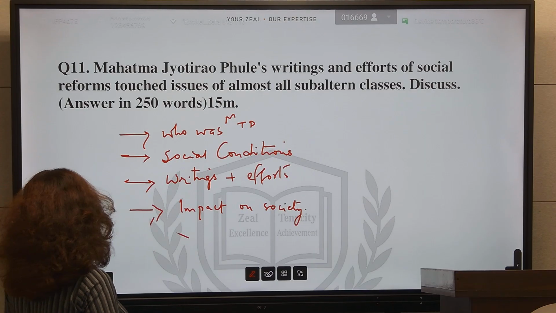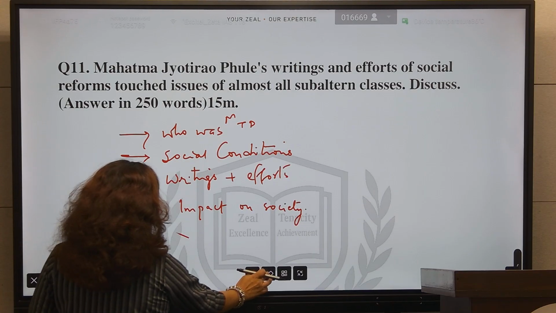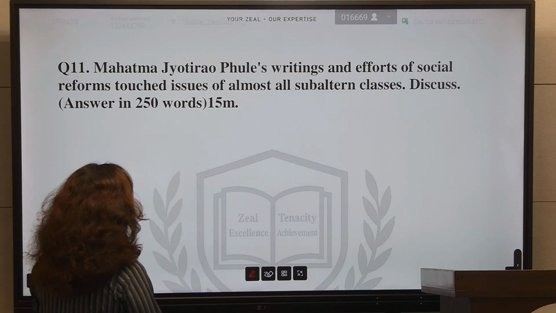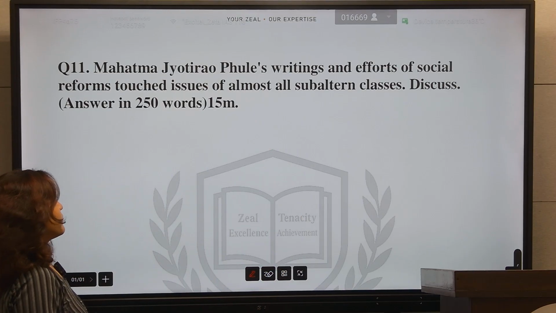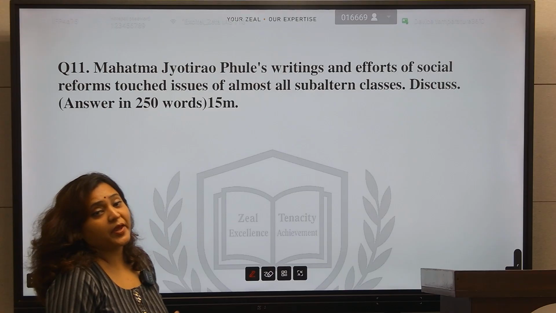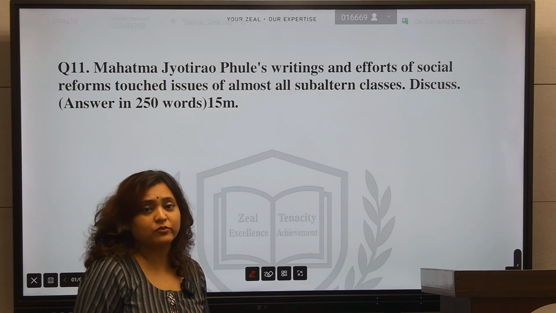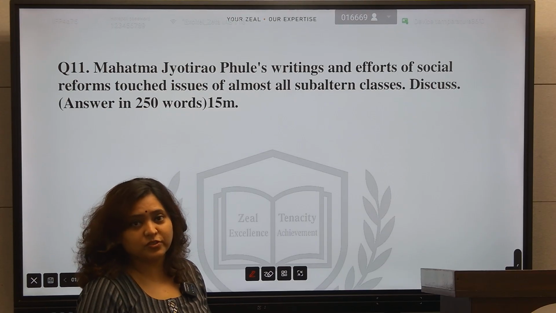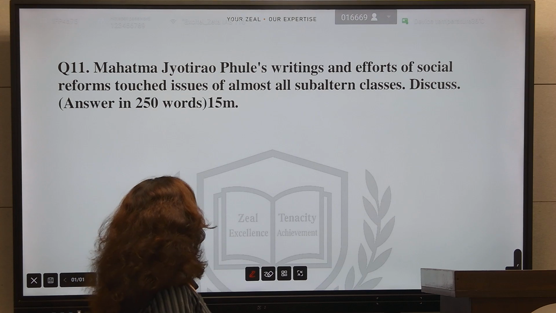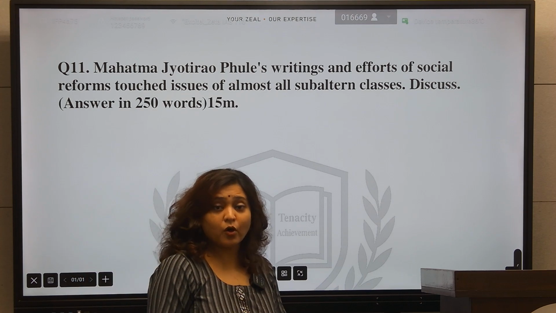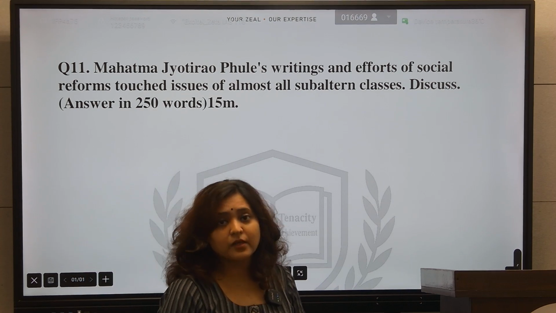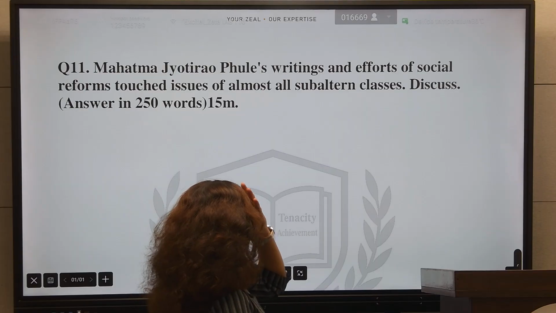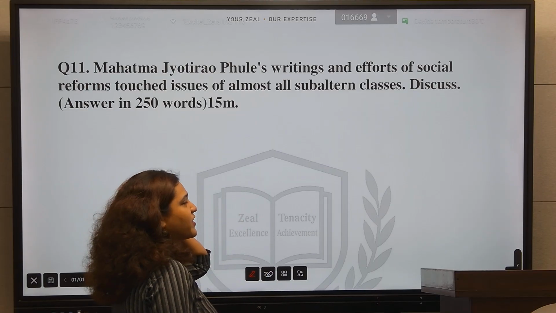Let's first begin. We all know, we have read in history, especially in Spectrum. If you have read the Spectrum, there is a particular page dedicated to Mahatma Jyotirao Phule, a box dedicated to his work and his life, and I don't think it is a very difficult question.